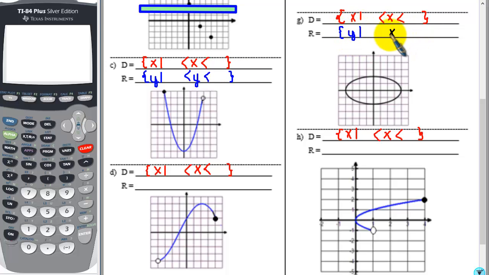Whoops, almost wrote an x there. There we go. Yeah, almost done here.